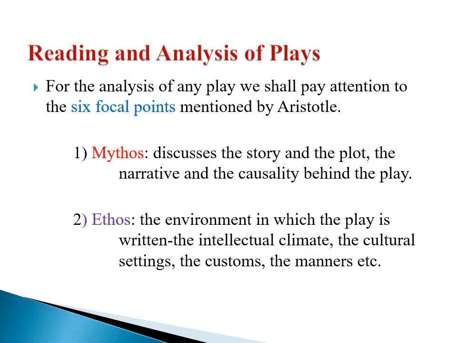It discusses the story and the plot, the narrative technique, and the causality behind the play. If we understand the story, the main plot or the subplots, and the narrative technique, we could analyze the play. We could read it appropriately.